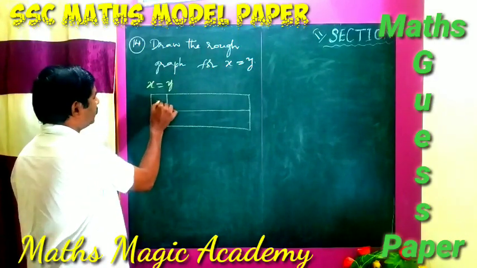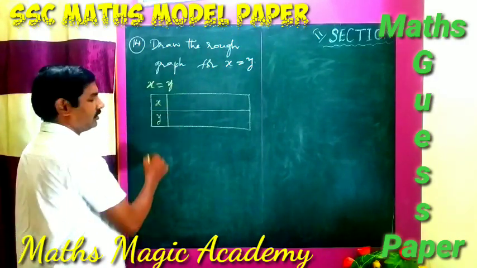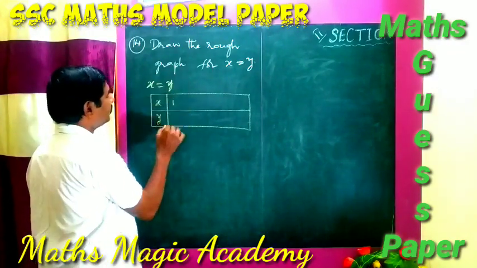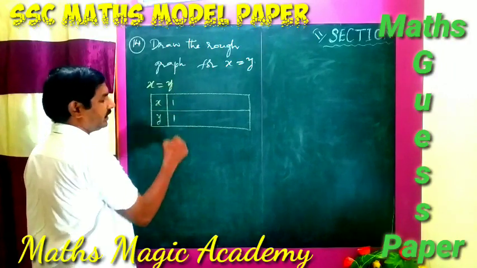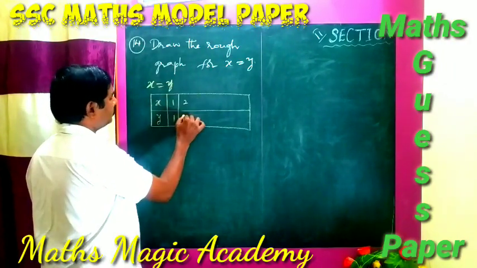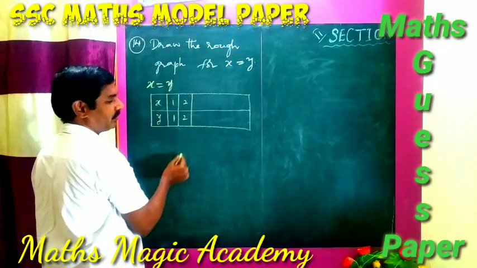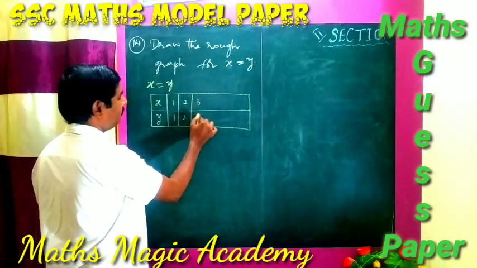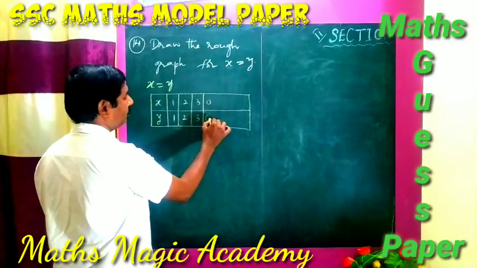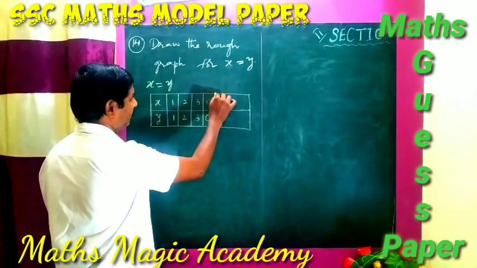Here x coordinate and here y coordinate. Just assume that if x equals 1, then y is also 1. x equals 2, y is also 2. x equals 3, y is also 3. x equals 0, y is also 0.